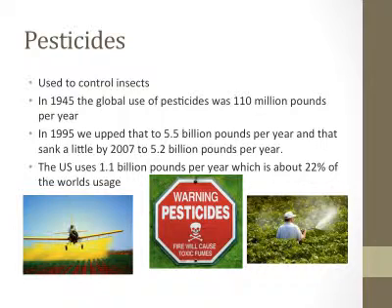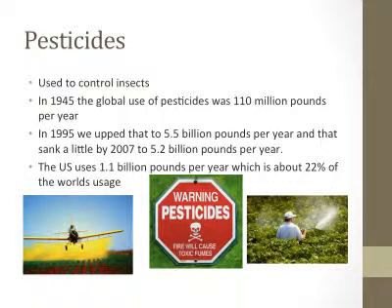Now that we've been using them for so long, we're starting to see some of the negative side effects. The U.S. alone uses 1.1 billion pounds per year, which is about 22% of the world's usage. So we're definitely not a quarter of the world, correct? And we are accounting for 22% of the pesticide use.